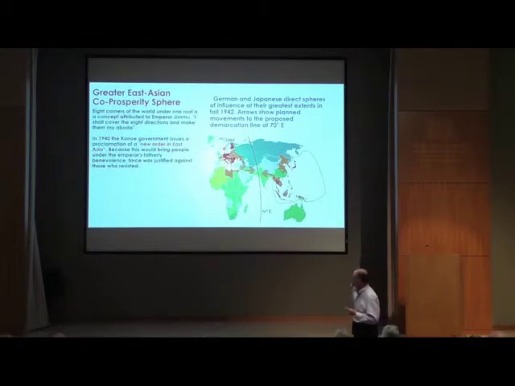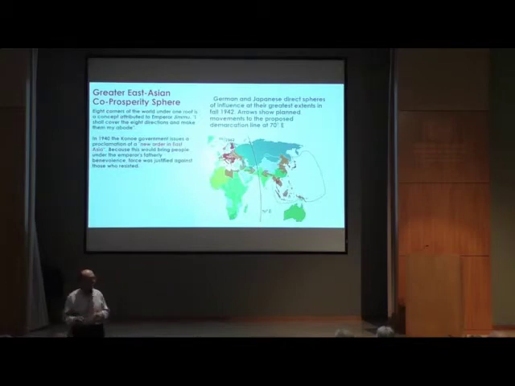They want to create, again, a new order in the East, and this would bring a people under the emperor's fatherly benevolence. And again, to Mr. Barber's comments, force is justified against you if you resist, because you don't want to be part of the empire. So that's kind of what that would have looked like.